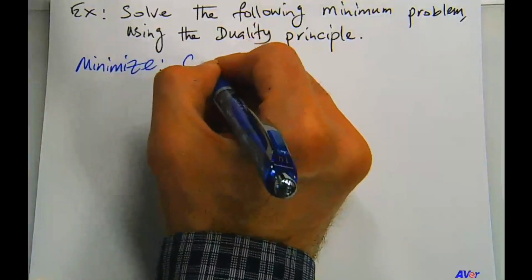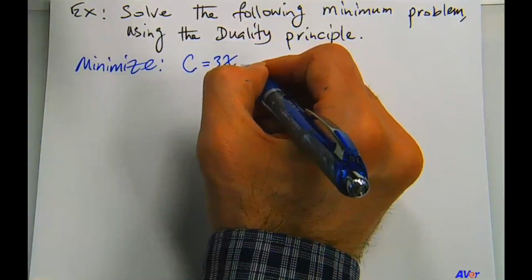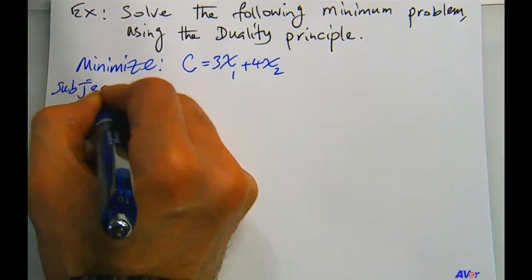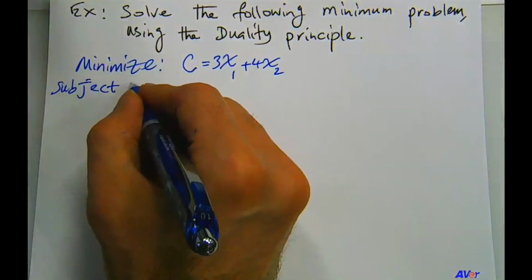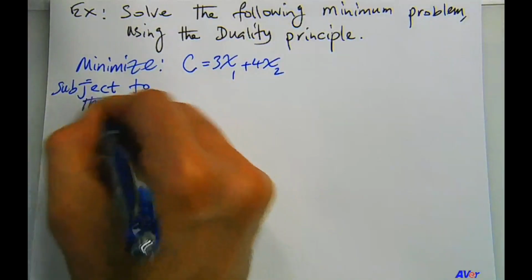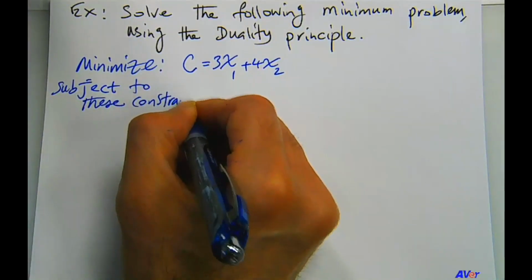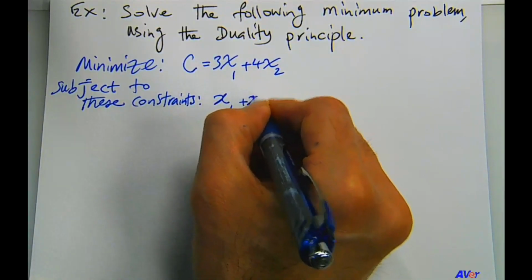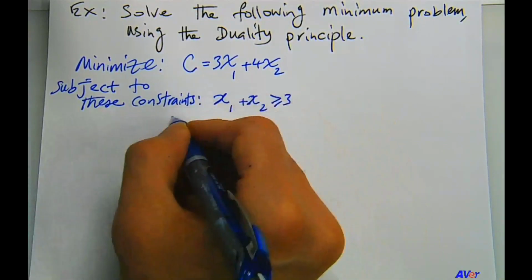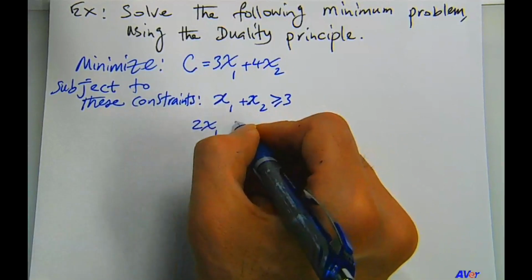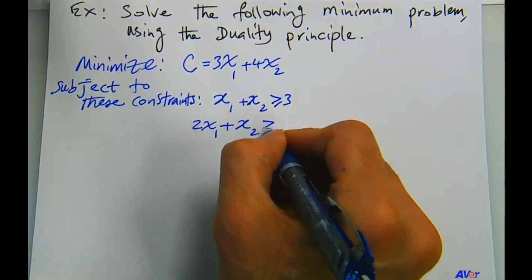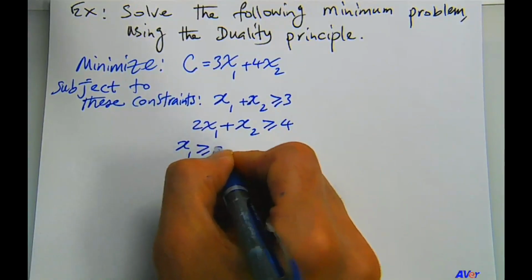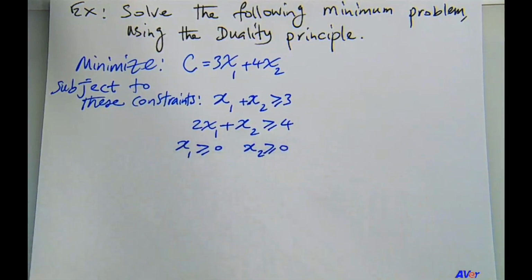We want to minimize this objective function 3x1 plus 4x2, which is subject to these constraints, which are x1 plus x2 greater than or equal to 3, 2x1 plus x2 greater than or equal to 4, and x1 greater than or equal to 0, x2 greater than or equal to 0.